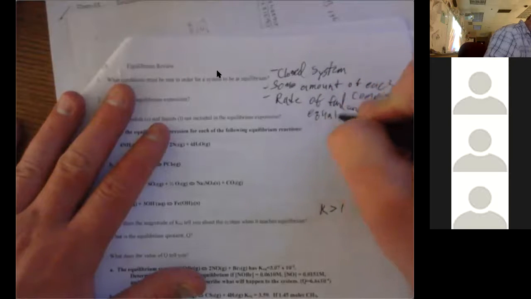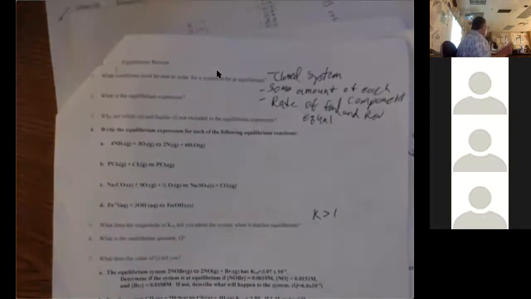Does that mean that the amounts of each product and reactant are equal? No, and that's what K determines. That's the ratio between products to reactants, right? Who's on top? Products. So if K is greater than 1, then the numerator is greater than the denominator. We have a higher concentration of products versus reactants, and if K is less than 1, then we have a fraction there. And that means that the reactants are favored at equilibrium.